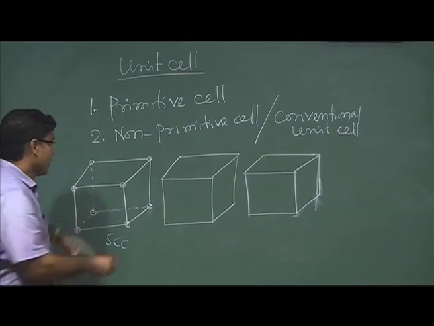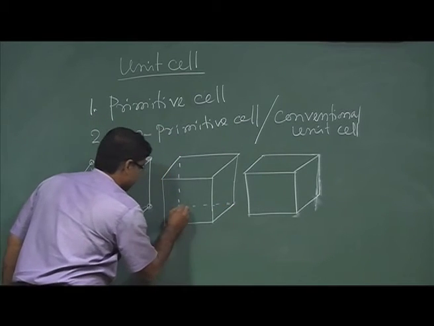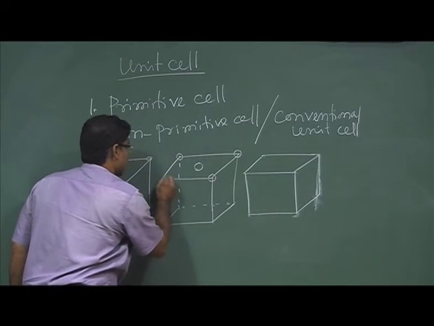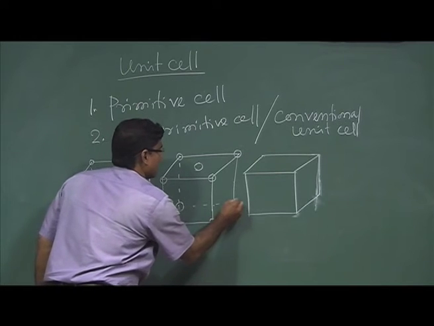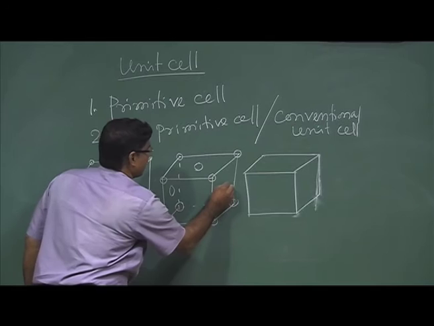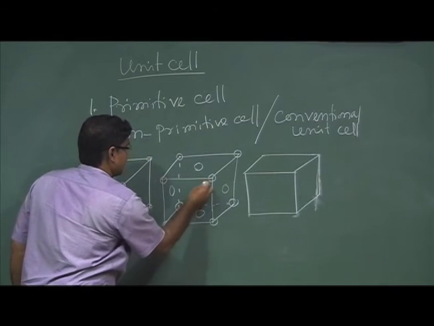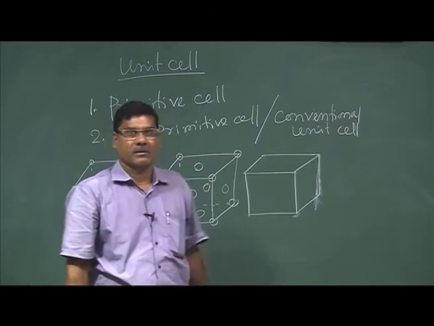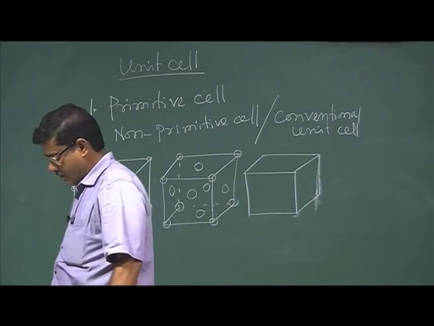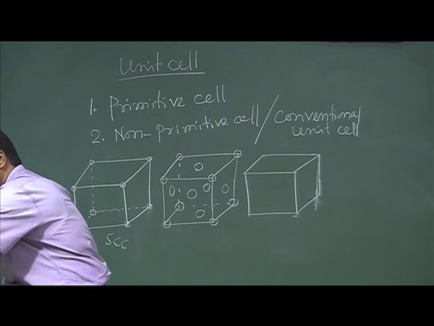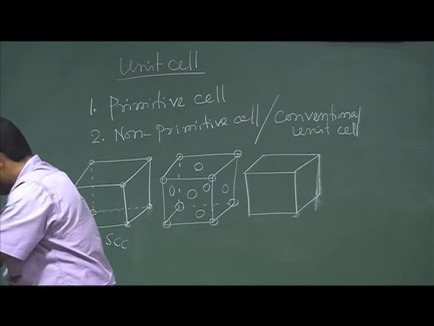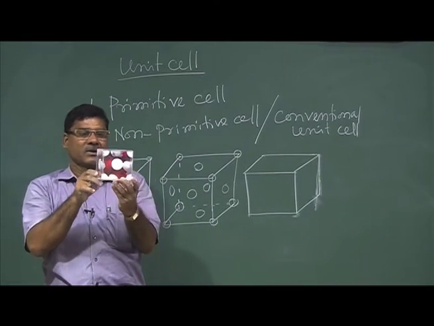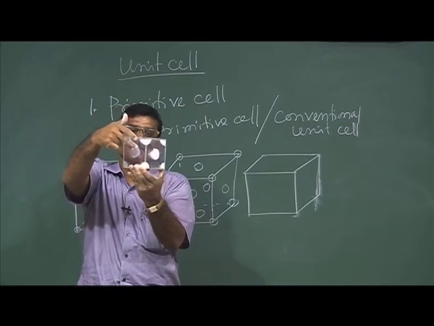So, here one can say, in case of FCC, on each face there is a lattice point, and it is shared between 2 cubes.